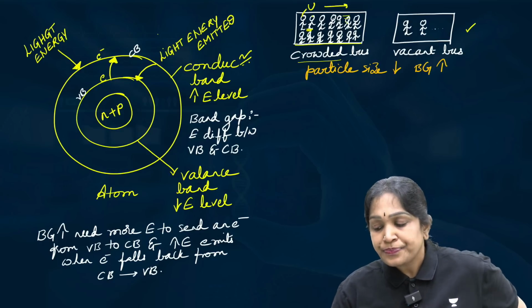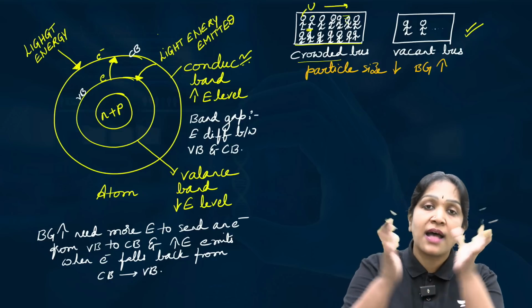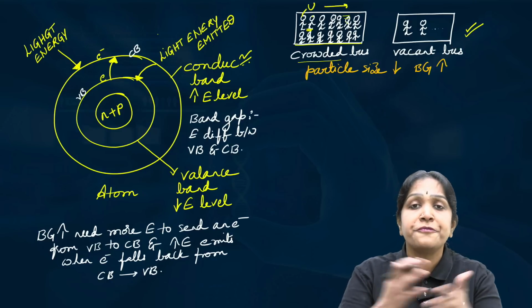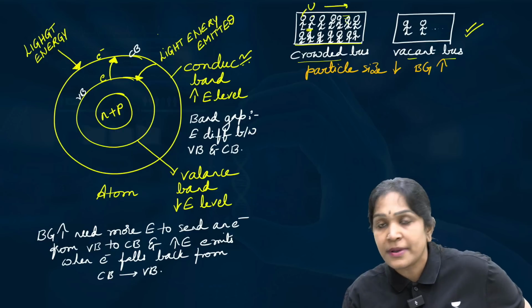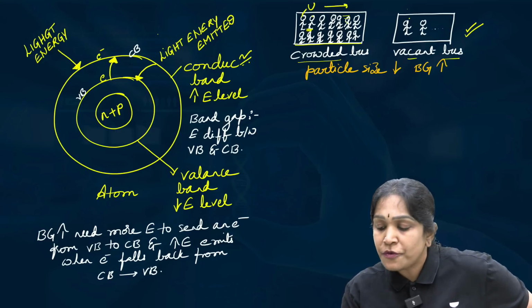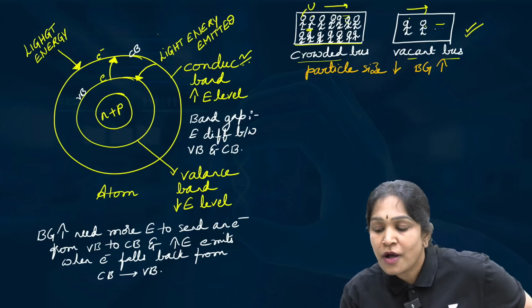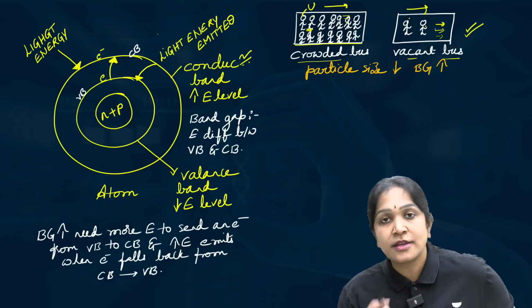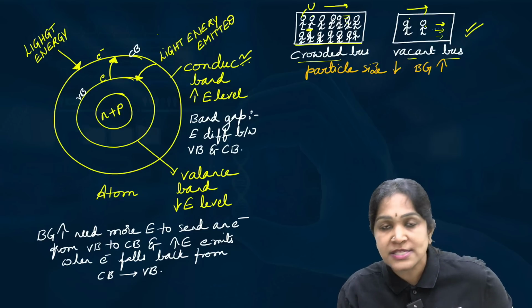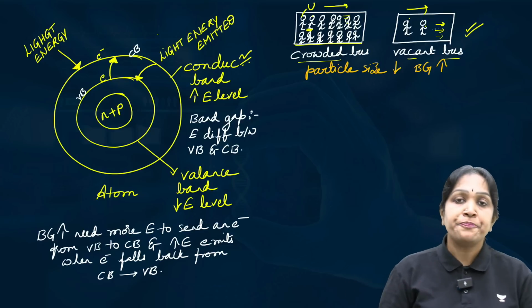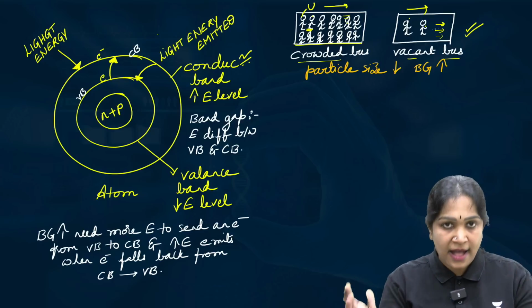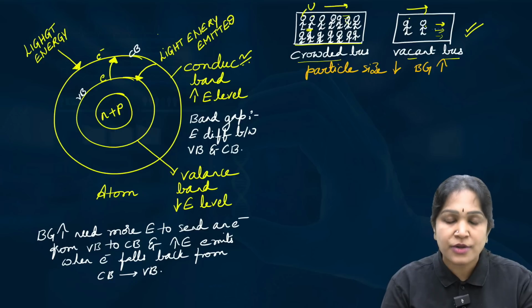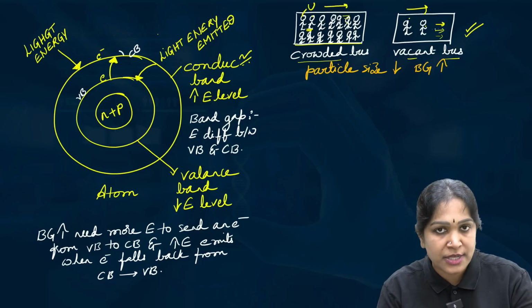But if the particle size is large, then the electrons in the atom have enough space, like a vacant bus. Here, if you want to push this man forward, you can easily push because there is a lot of place. You don't need much energy. Same way, when the particle size is large, you don't need much energy to push the electron from valence band to conduction band.